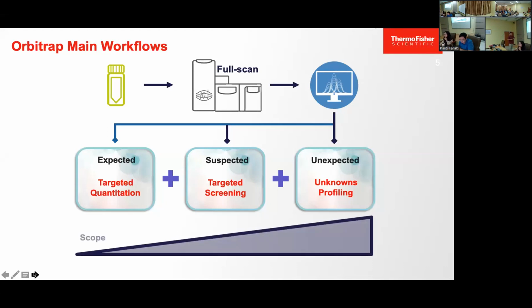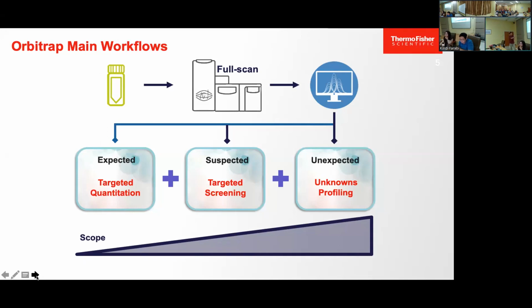So the scope, the easiest one, not to say the easiest, the most comfortable one will be targeted quantitation. Because you just prepare different concentrations, you run the sample, and the mass spec will give you identity and information. It will get tougher and tougher when you move from targeted screening to unknown profiling.